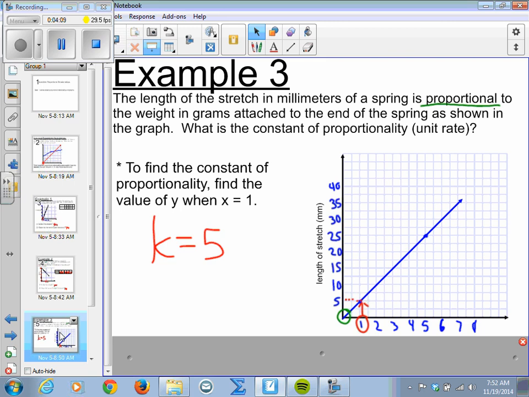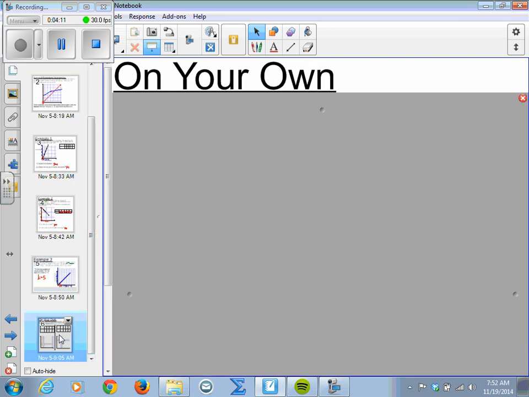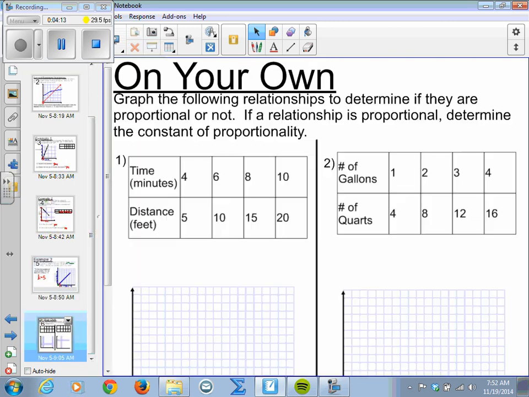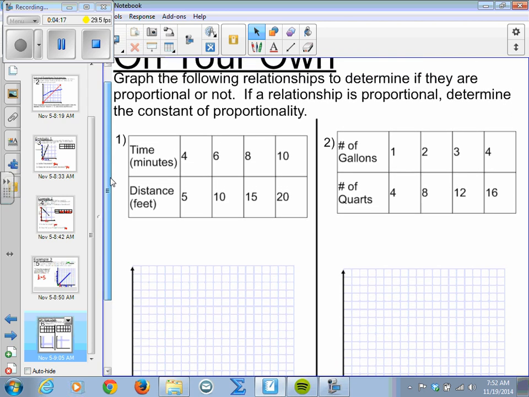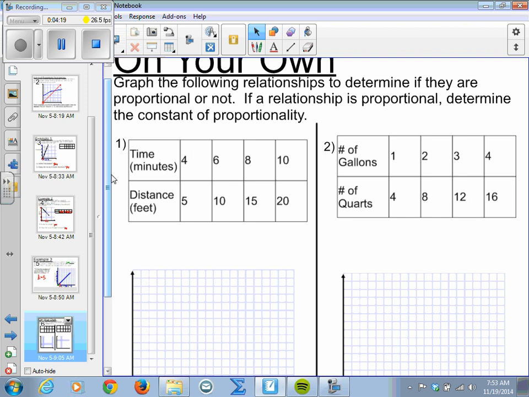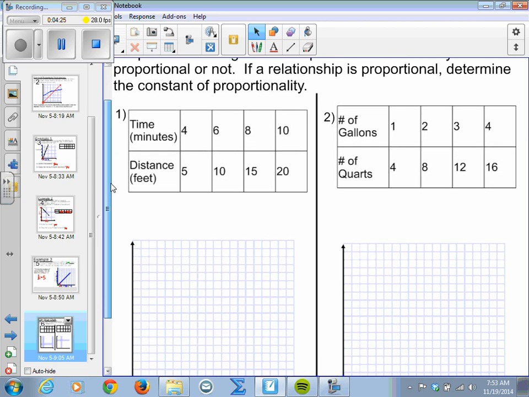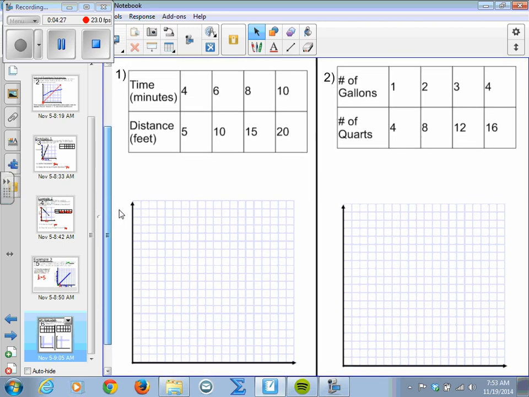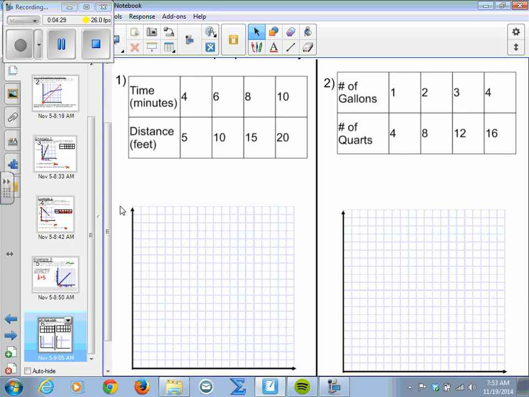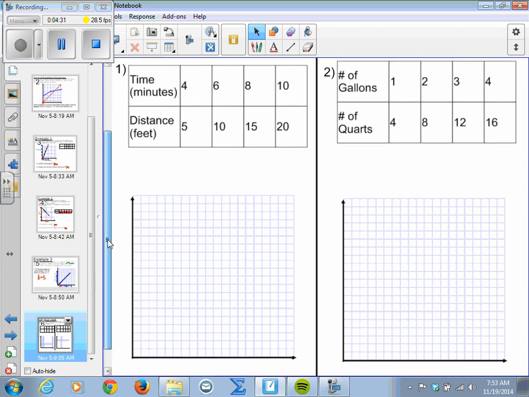So go ahead and on your own, try two problems. You're going to graph the tables, and you're going to determine whether or not these are proportional relationships, and if they're proportions, find the constant of proportionality. Pause the video now and try these on your own as I do them on here. So we're doing time and distance.